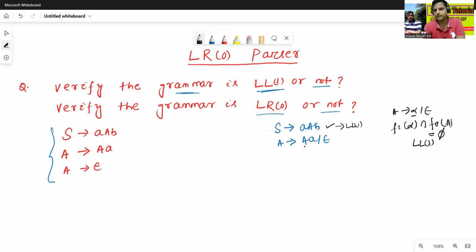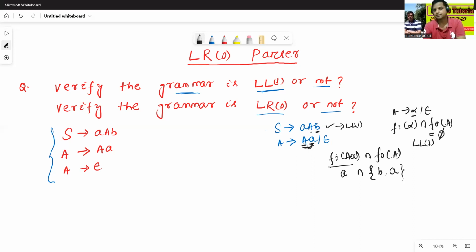So here we'll find first of this one. First of A contains epsilon, so we remove the epsilon and go to the next, that is first of A intersection follow of A. First of A is A. Follow of A: there is something on the right side of A, first B, then here one more A, so follow of A is BA.